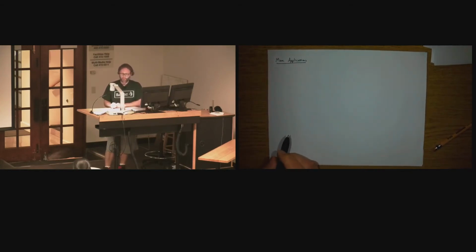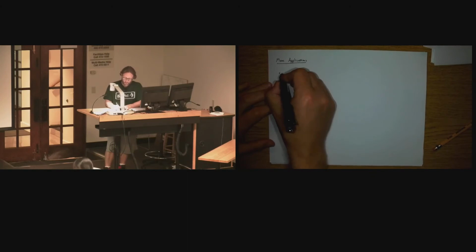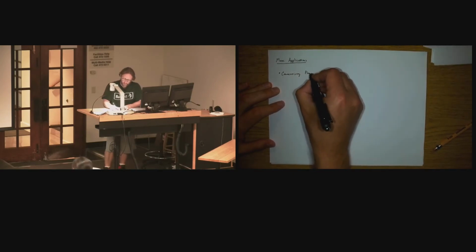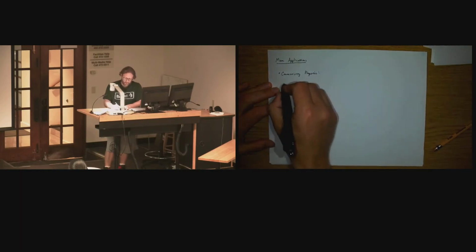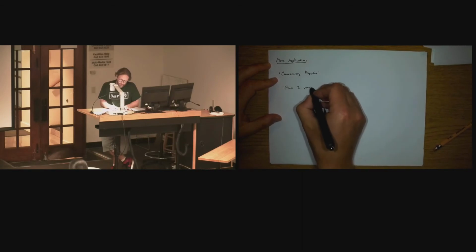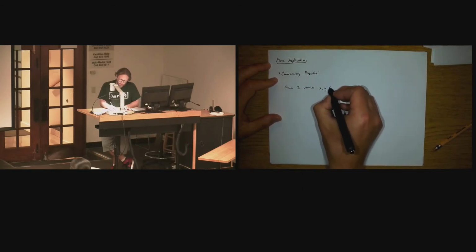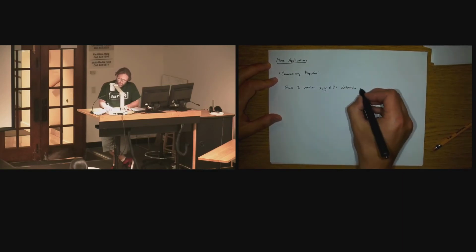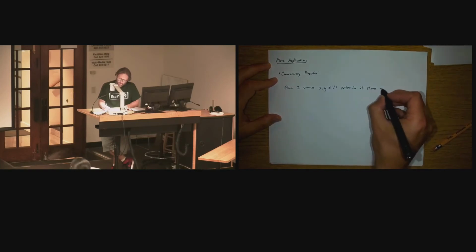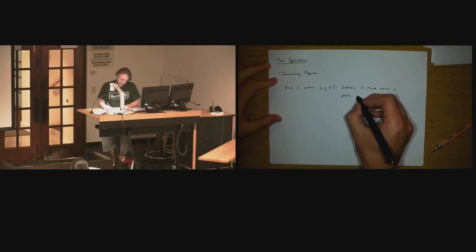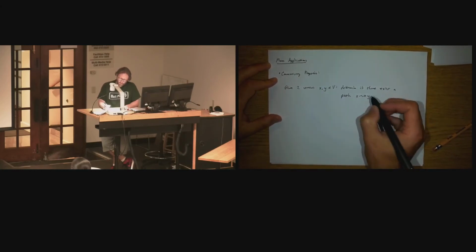Well, there are some very simple applications that you can do. There are connectivity questions. Connectivity properties. For example, just very, very generally, given two vertices, x and y in V, determine if there exists a path from x to y, right?